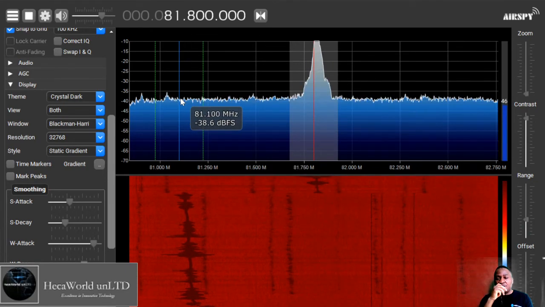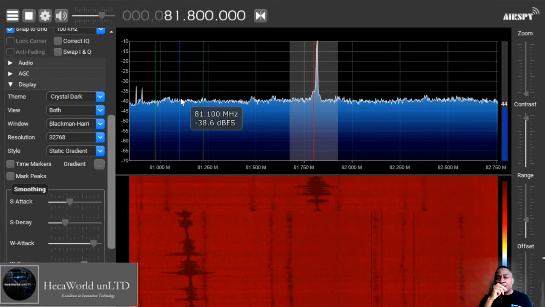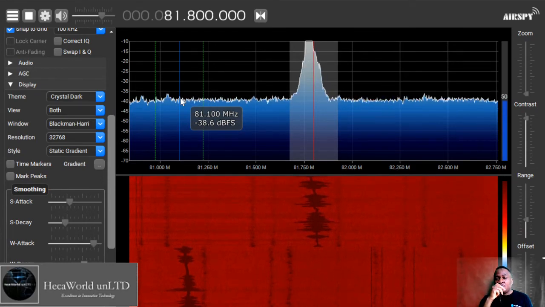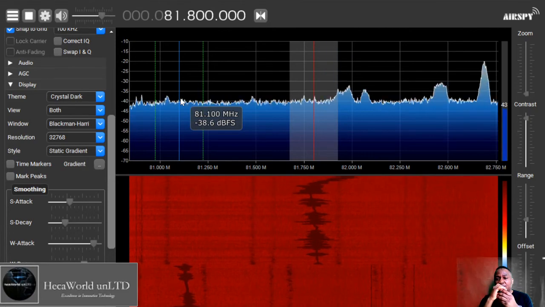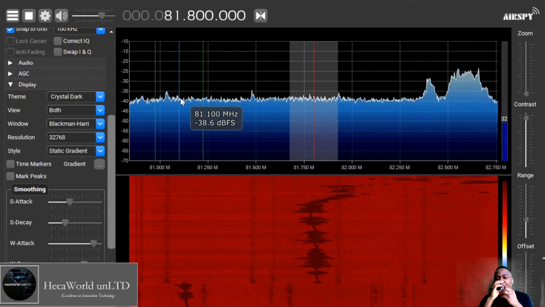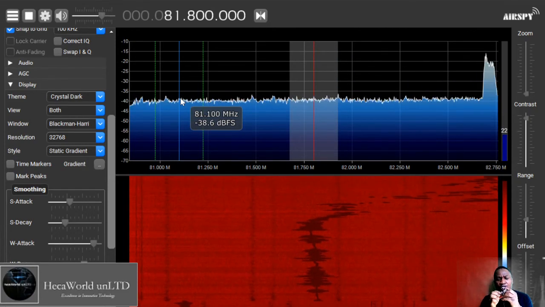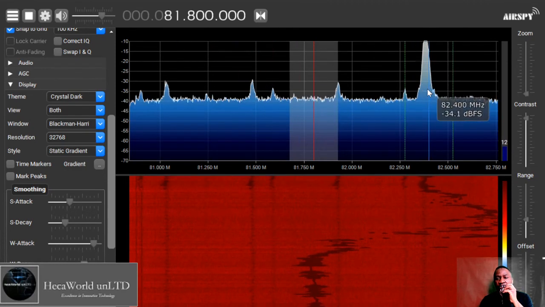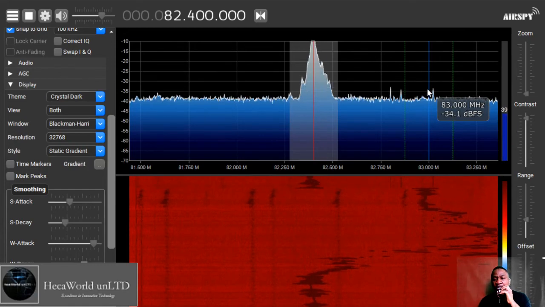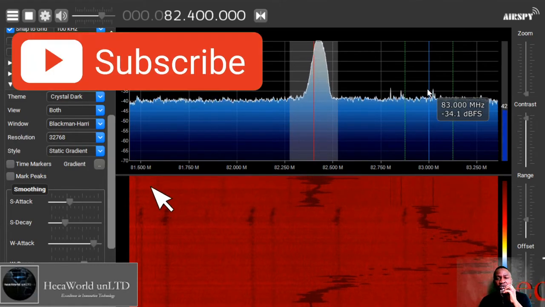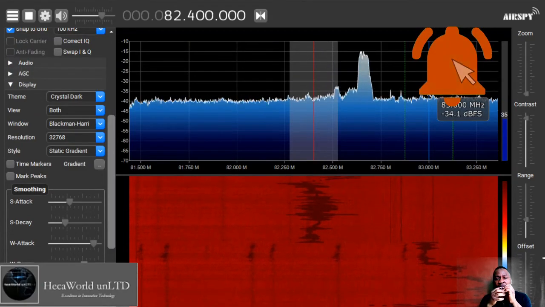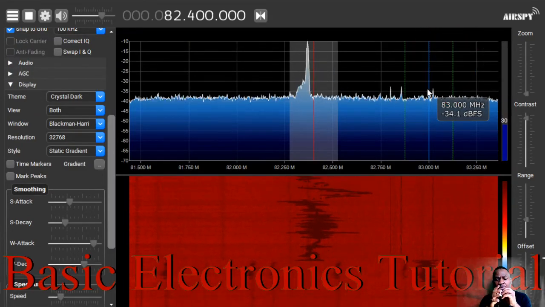So the challenge here is that every single time my hand has to be in the same location. But when people talk, they don't really keep it. So if I try to move my hand, the frequency must go to another spot. Then I have to find where it is one more time. Right now it's 82.4. Now when I change my hand, let's see where it goes.